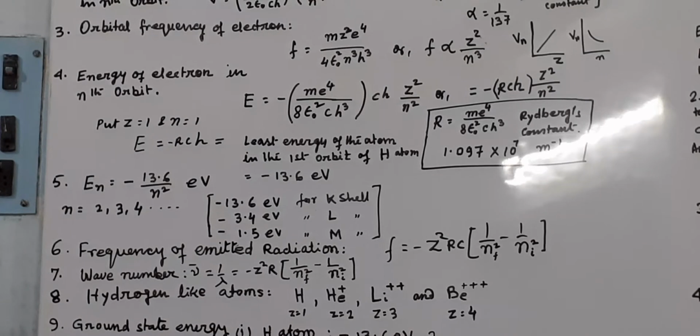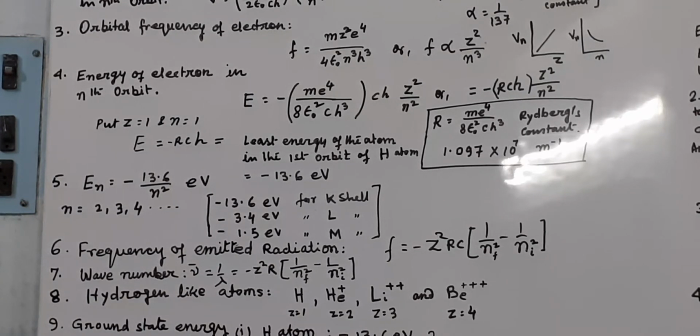Now, from this simplified form, that f is proportional to z square by n cube, we can easily tackle problems. So, this we can keep in our mind without any failure. This is a very useful formula, and problems are coming on this.